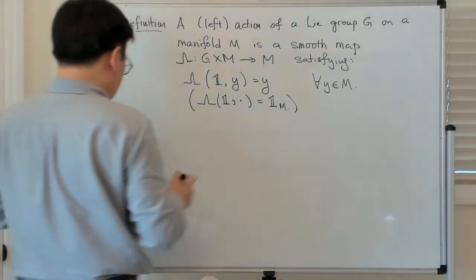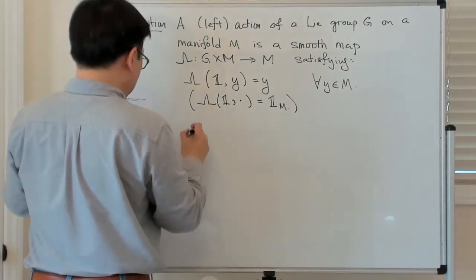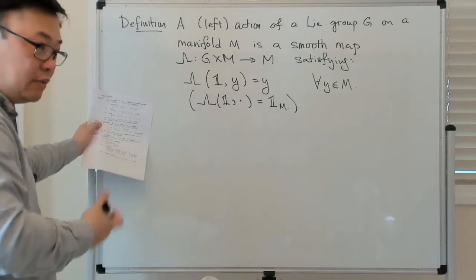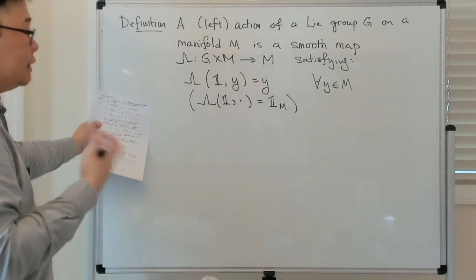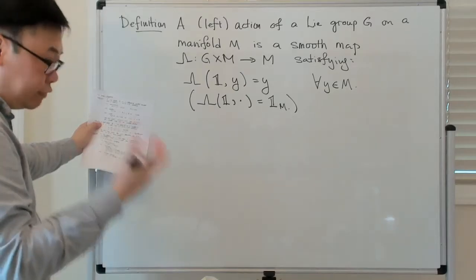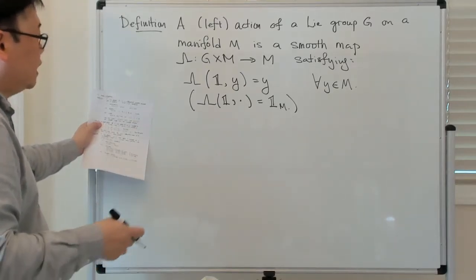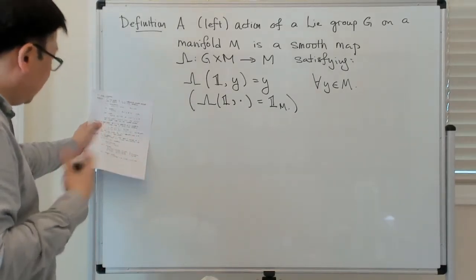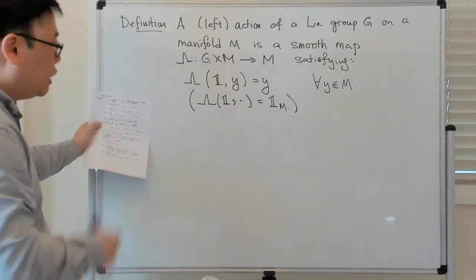Okay, and then the other one is that there's a sense as to what happens when you apply the left action twice, with two different group elements, and how you can think of that action as being the action of a product of the group elements.